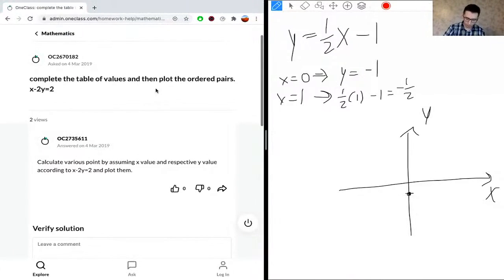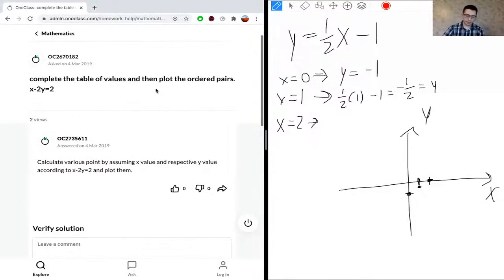So at x equals 1, we get negative a half, and that should be right there. That's the second point. Then we'll do this for x equals 2. A half times 2 is just 1, minus 1 gives us 0. So at 2, we have 0.